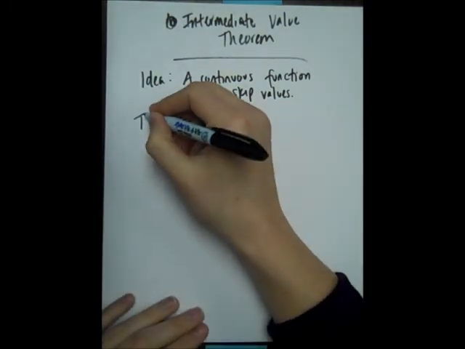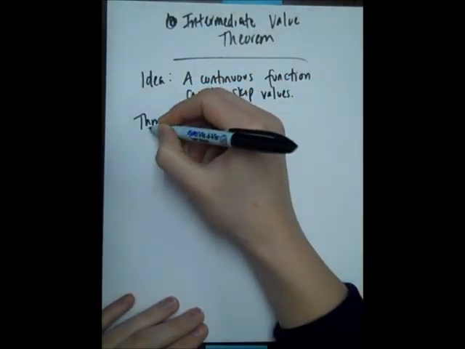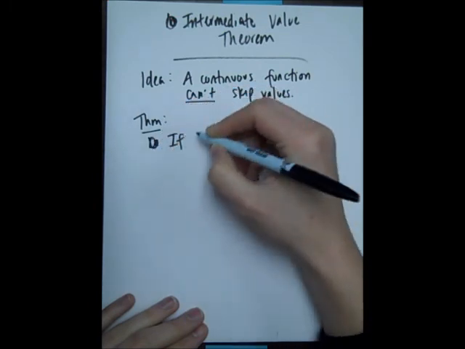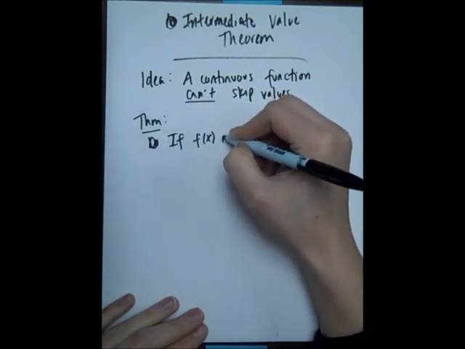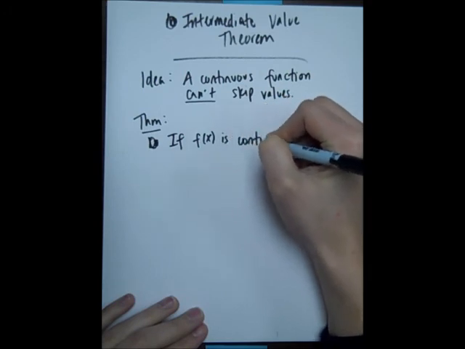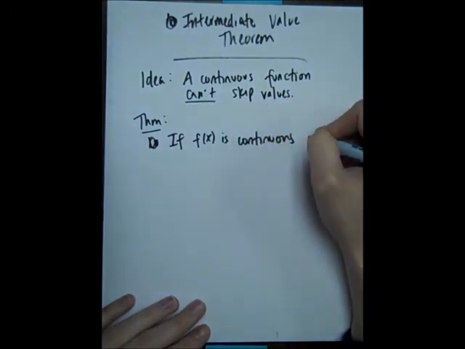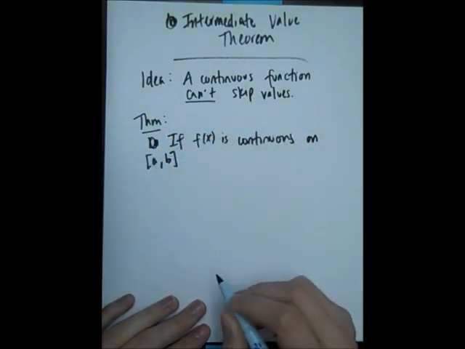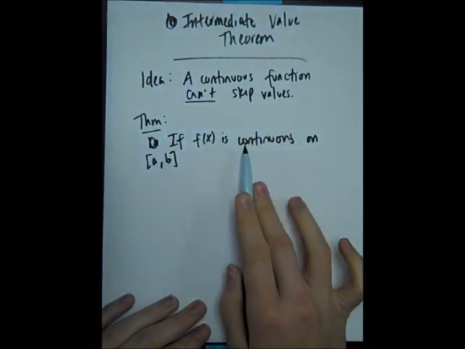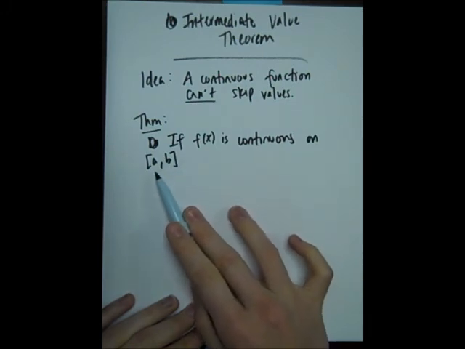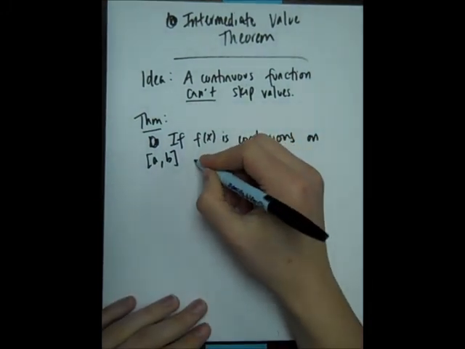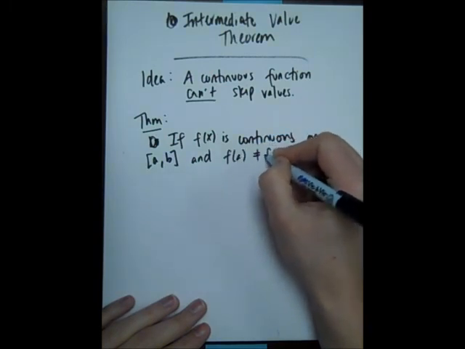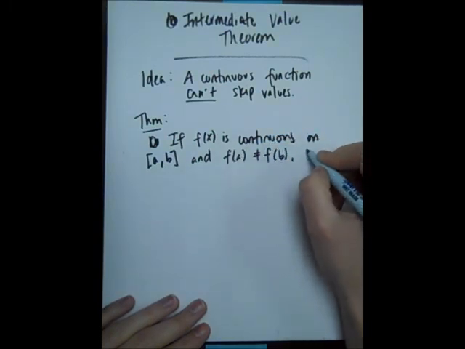So here's the formal statement of the theorem. It says if f of x is continuous on a closed interval from a to b. So that's what we're going to start with, is that you need f of x being continuous on this interval that's closed, meaning I include the two endpoints. And f of a is not equal to f of b.